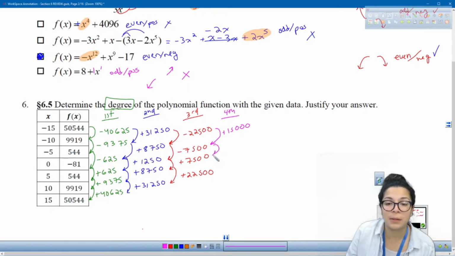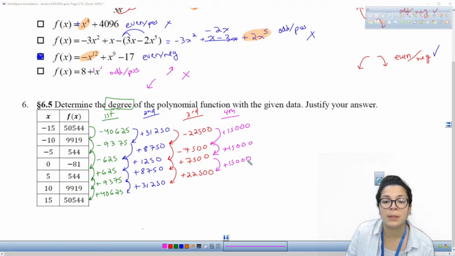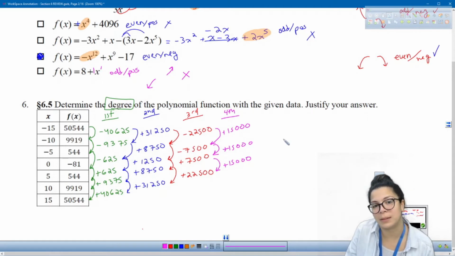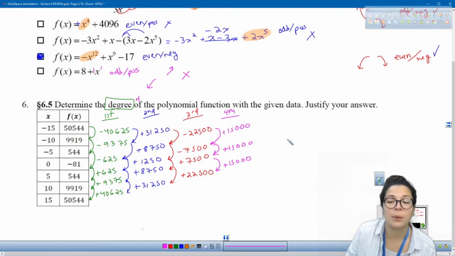And it actually follows, if I add 15,000 to negative 7,500, I get 7,500. And if I add 15,000 to 7,500, I get 22,500. So notice the fourth difference is all the same, which means that this is degree 4, which is called quartic.